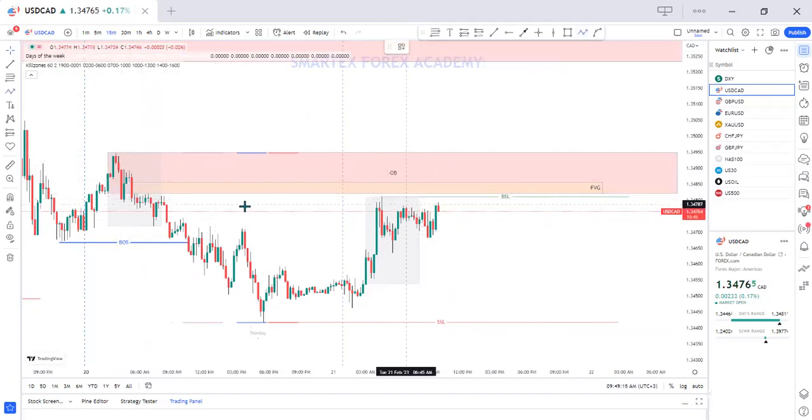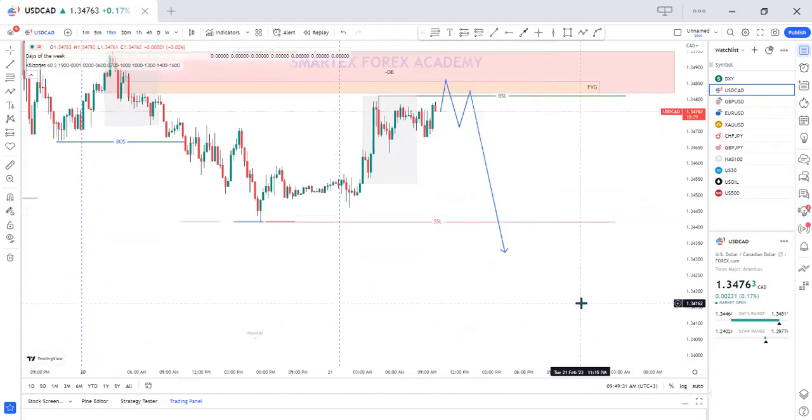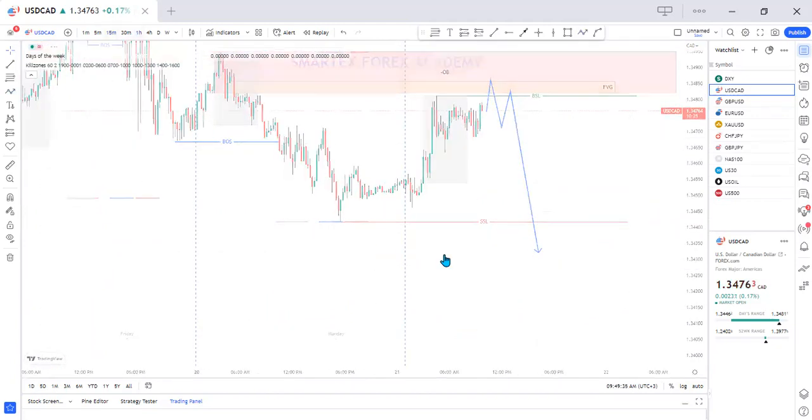Clear the Asian high. You see this looks like equal highs. Clear this high right into this value gap, and then we go. That's what I'm seeing on USD CAD.